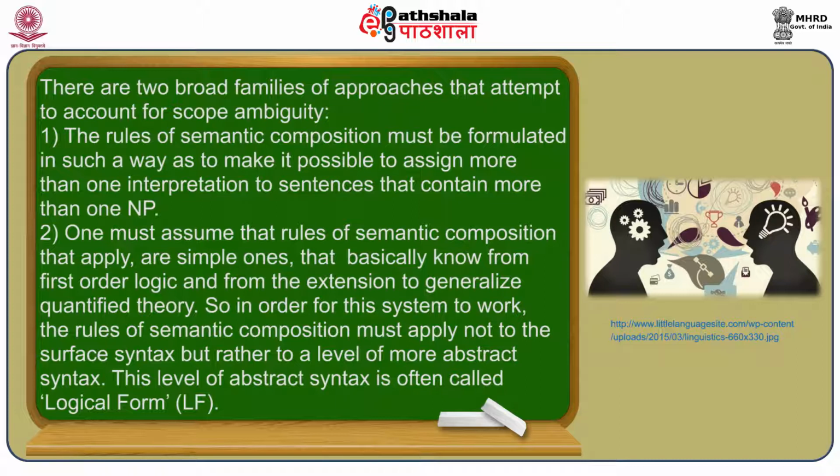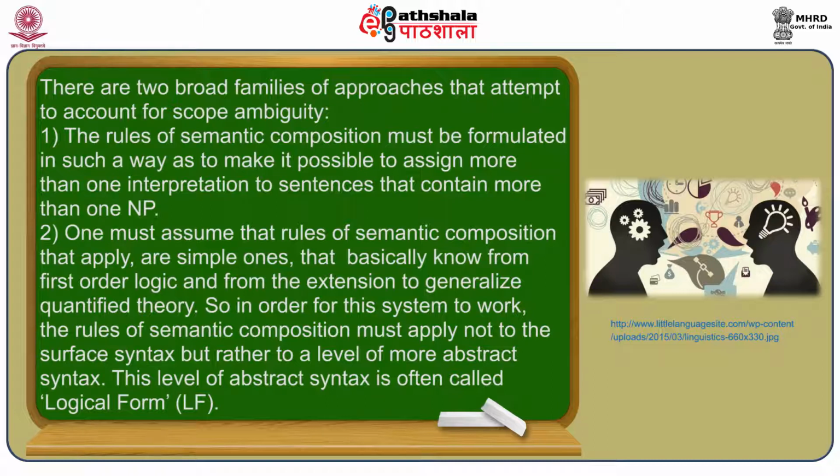Another approach assumes that the rules of semantic composition that apply are simple ones that we basically know from first order logic and from the extension to generalized quantifier theory that we saw in the last chapter. But in order for this system to work, the rules of semantic composition must apply not to the surface syntax, but rather to a level of more abstract syntax.